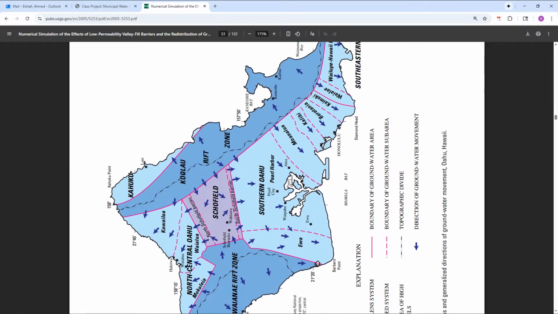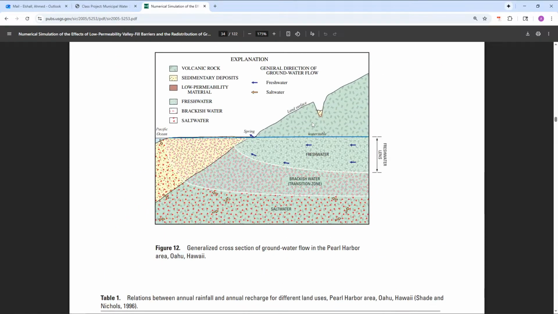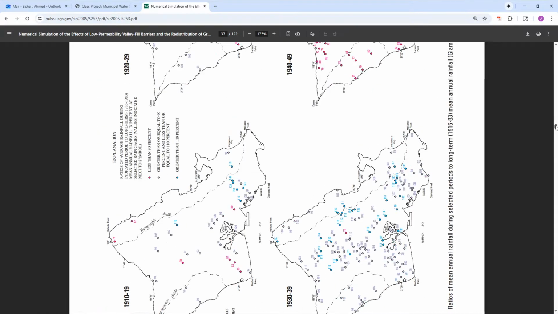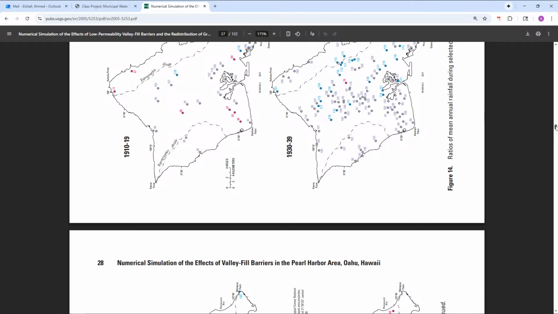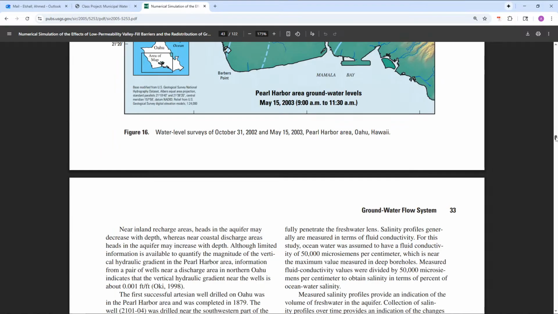Then the groundwater flow direction: a map showing the groundwater flow directions. This is a conceptualization for the subsurface. You have a freshwater lens, brackish water here, and salt water here. So you see a lot of very interesting figures.